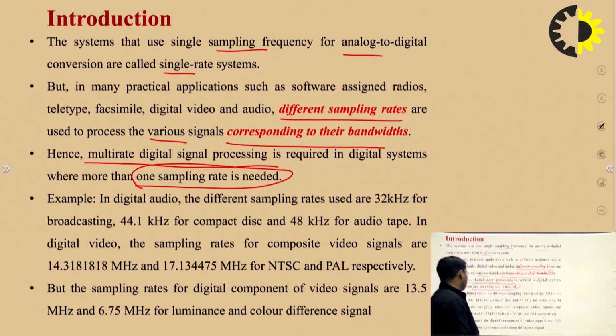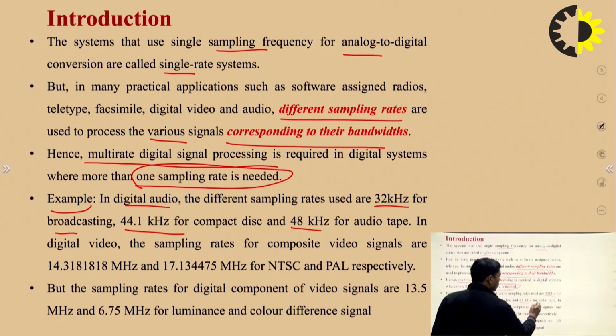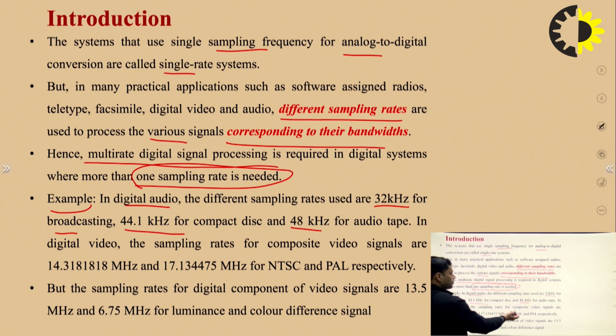For example, in digital audio, different sampling rates are used: 32 kilohertz for broadcasting, 44.1 kilohertz for compact discs and 48 kilohertz for audio tape. In digital video, the sampling rates for composite video signals are 14.318118 megahertz and 17.734 megahertz for NTSC and PAL respectively.